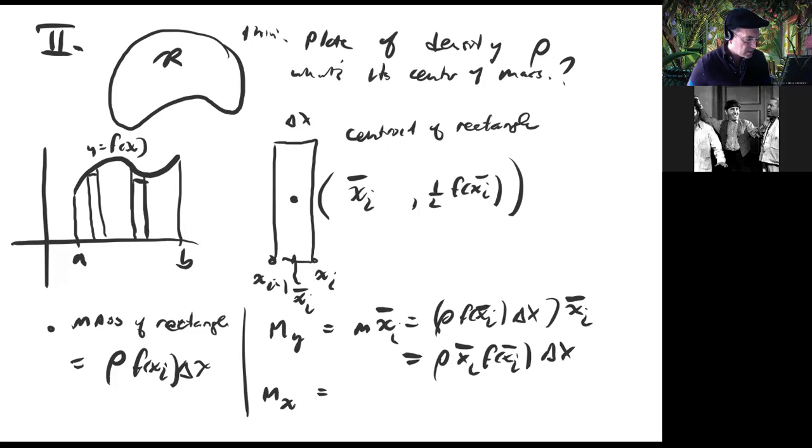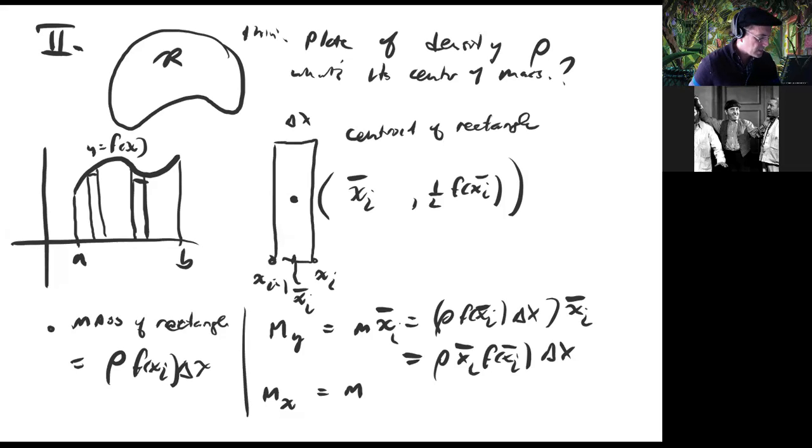And then we have similarly M sub x we can compute. M sub x is what? Well, it's going to be given by M times the centroid of the rectangle about the x-axis, which can also be computed.